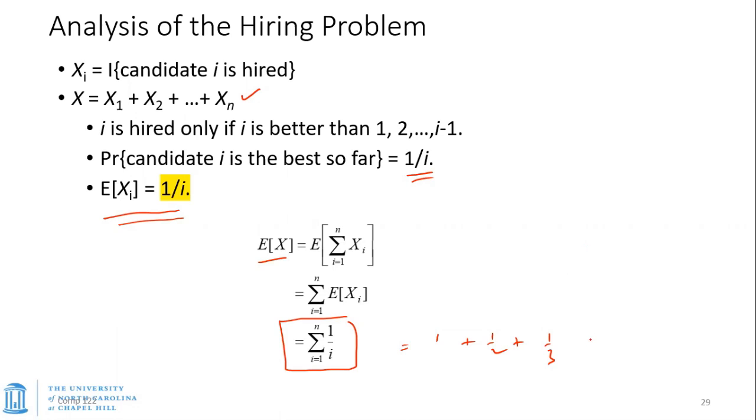Does anybody know the equation for this, and what this particular series is called? It's a little tricky. You might have come across this series before: 1, 1/2, 1/3, 1/4, and so on. What is the sum of that series? Is that log of n?